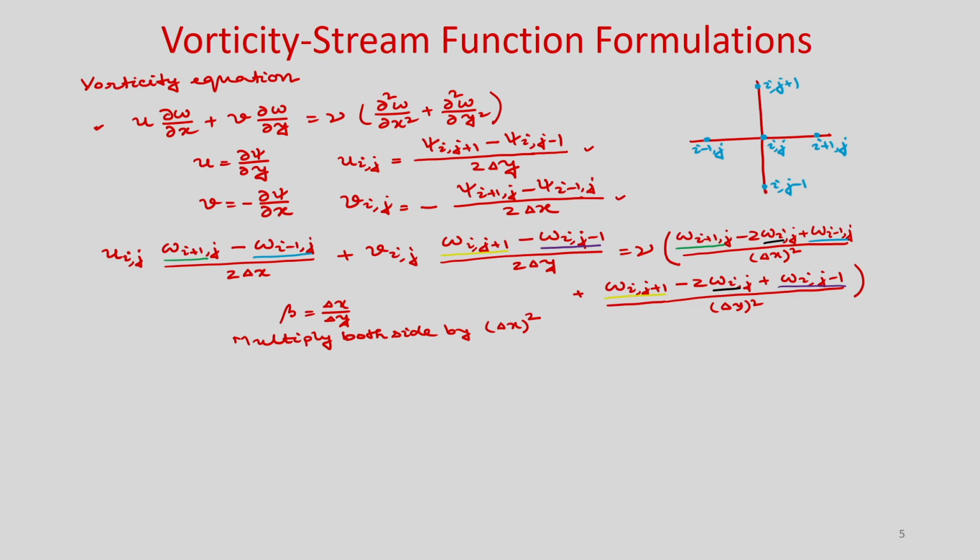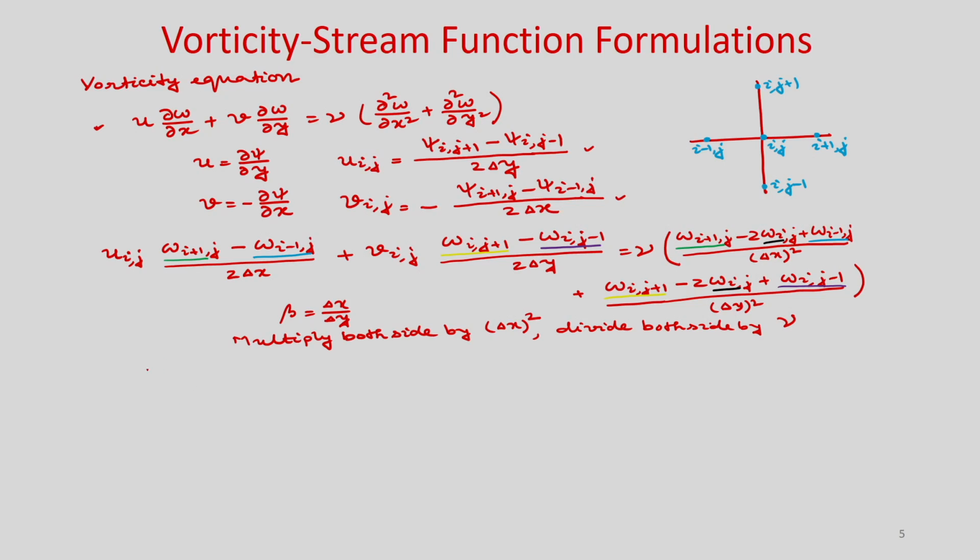So, for omega i plus 1 j, multiply both sides by delta x square and divide both sides by nu, so that nu will come in the denominator. Now we can write.